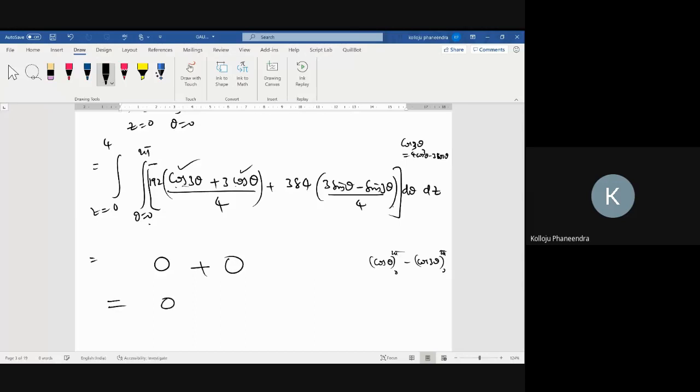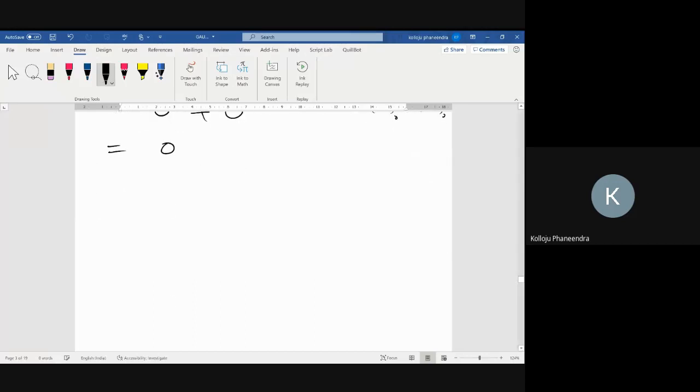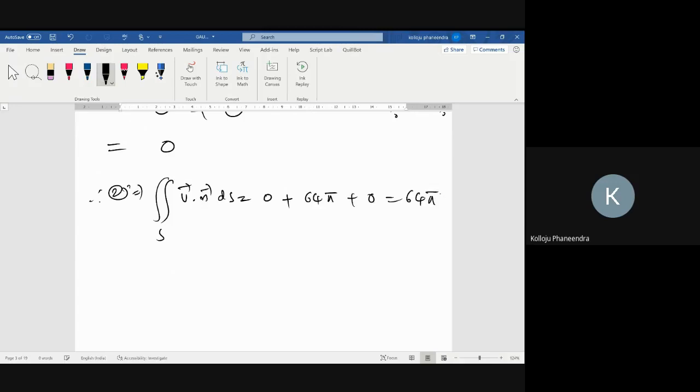So the entire thing is 0. Therefore, equation 2 implies the double integral over S of v bar dot n bar ds equals, the first integral 0, the second integral 64 pi, the third integral 0. So the answer is 64 pi. Therefore LHS equals RHS, and the divergence theorem is verified.